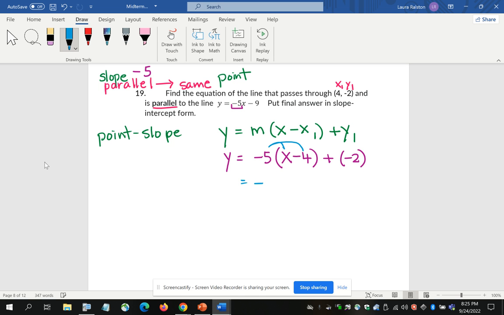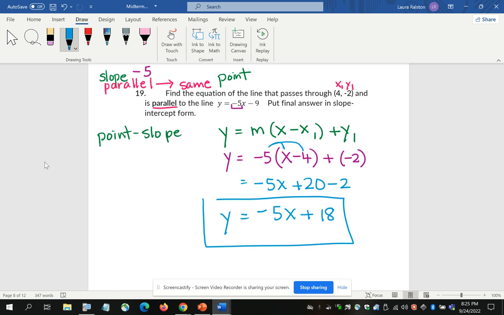So I have -5x plus 20 plus -2, or minus 2. So I have y equals -5x plus 18. And there's the equation of the line that is parallel to y equals -5x minus 9 and passes through the point (4, -2).